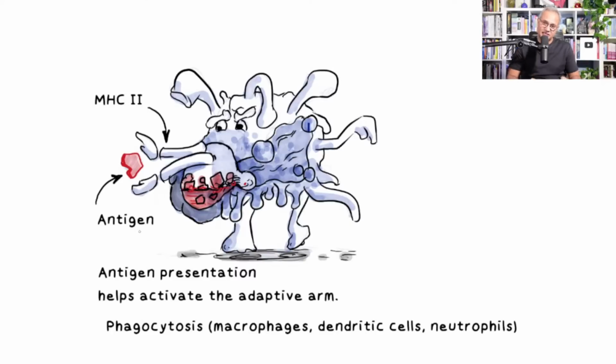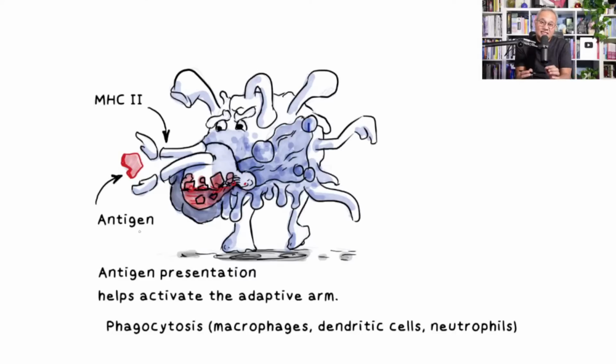Such babies actually have an intact innate immune arm. Even then, these babies get recurrent, repeated infections and life-threatening infections. So if the innate arm, with all of its power, was sufficient, then we would have been okay in SCID. This proves that the adaptive arm's contribution is very important.